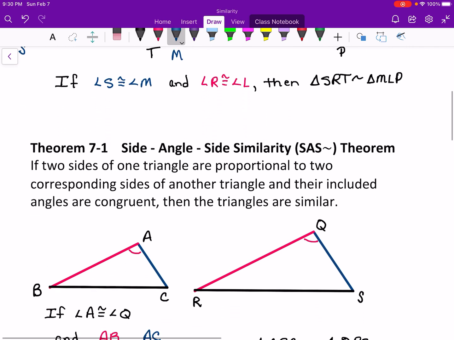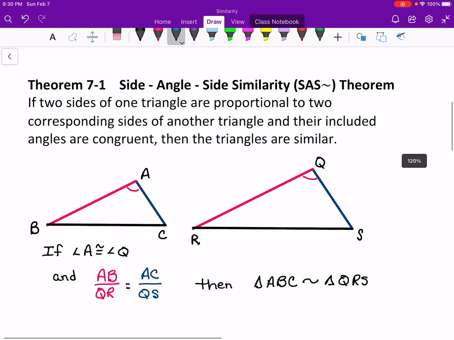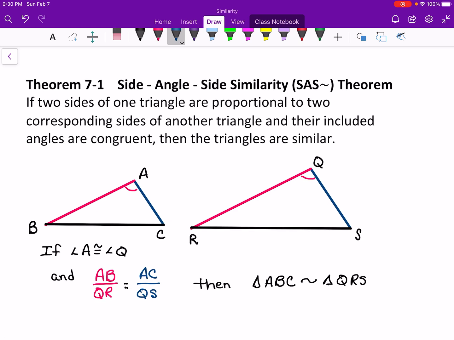Another, theorem 7.1, side-angle-side similarity. You remember we had an SAS for congruence. Well, now this is an SAS for similarity theorem. It says if two sides of one triangle are proportional to the corresponding two sides of another triangle, and this is very important, their included angles are congruent.